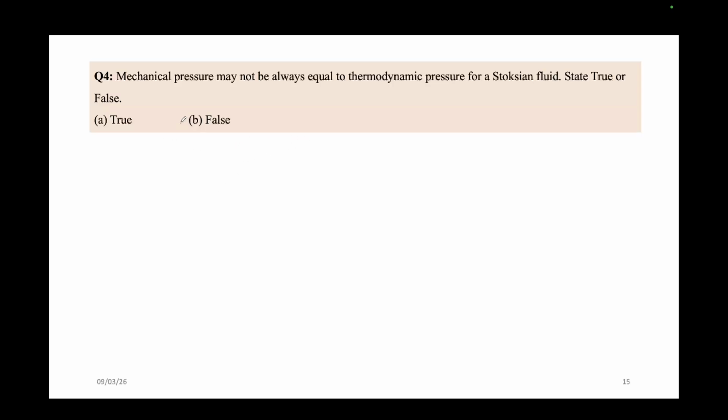Yes, it follows, because if it is a Stokesian fluid, P mechanical should always be equal to P thermo. I have already discussed this. That means the pressure appearing in the stress tensor part and the pressure from the thermodynamic part should be identical. So it should be false.